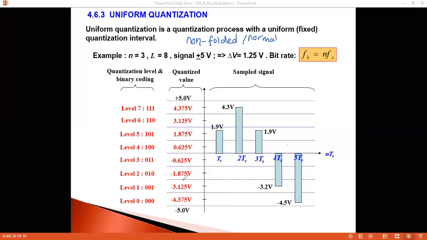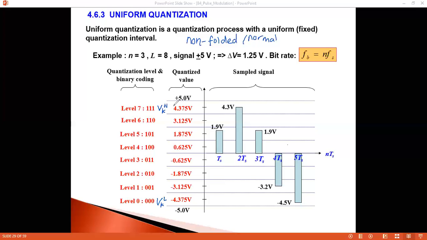Okay, and remember we calculated our VKL, which is the quantized value for the lowest voltage. So it's this one, minus 4.375. So this is our VKL, the lowest quantization voltage. Up here, the highest voltage is where we have VKH.